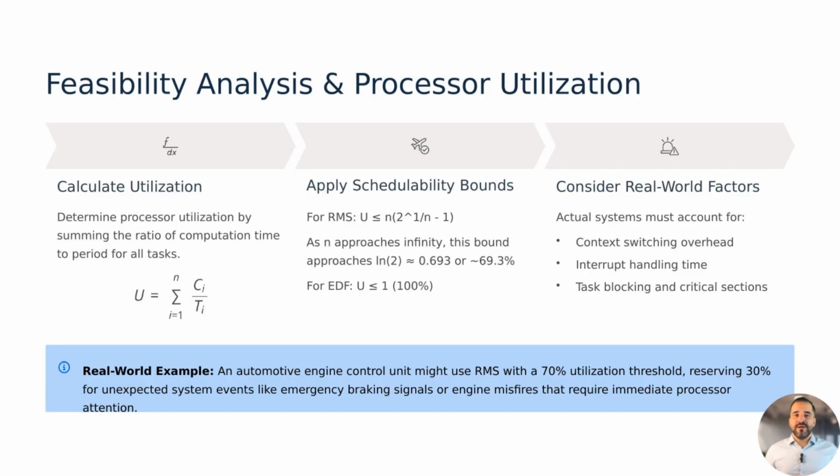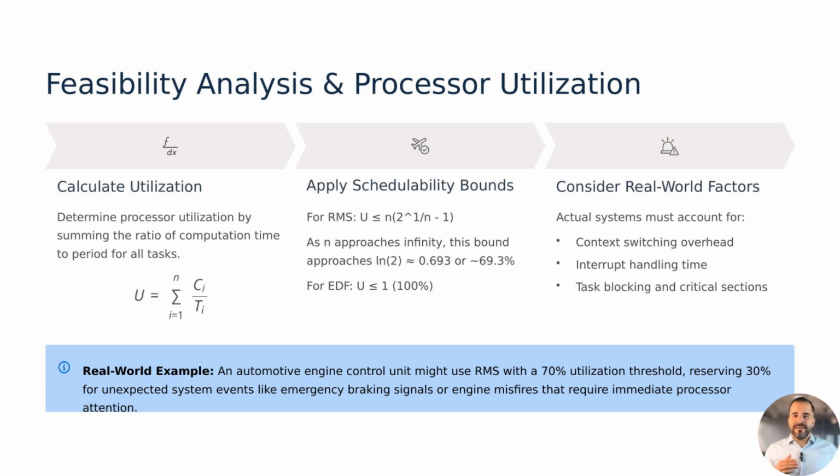Scheduling isn't just about picking the right algorithm. It's also about making sure your system can actually handle all the tasks you've assigned to it. That's where feasibility and schedulability analysis come in. In simple terms, we need to check whether all tasks can finish their work before their deadlines, even under full load.